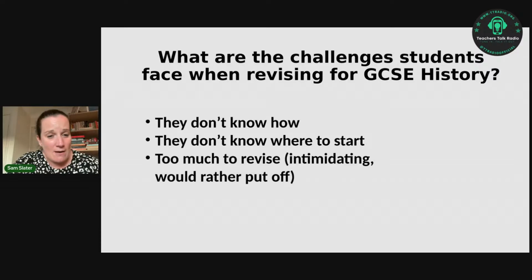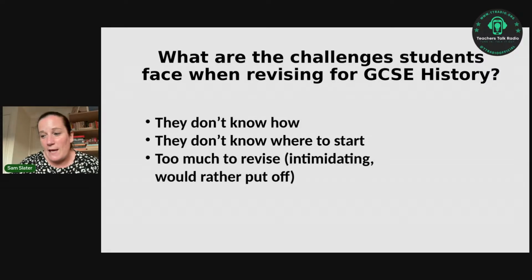And certainly, I think a key challenge for GCSE is that there is just so much to revise. Talking to students, colleagues, and people that I work with in a number of different environments, history alongside subjects like science is very content based, very content heavy.